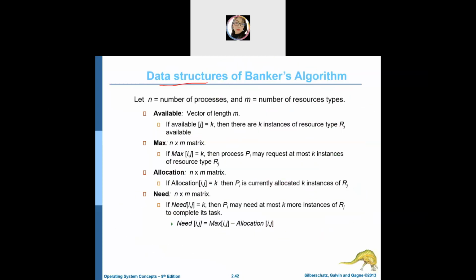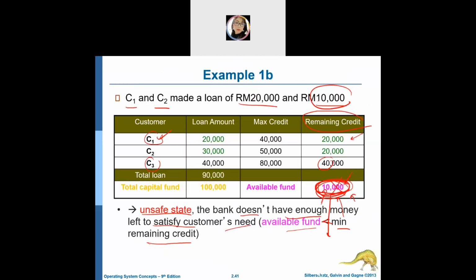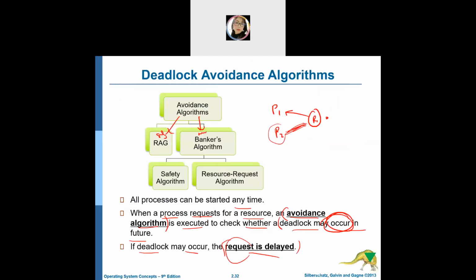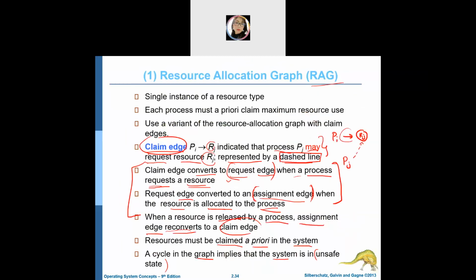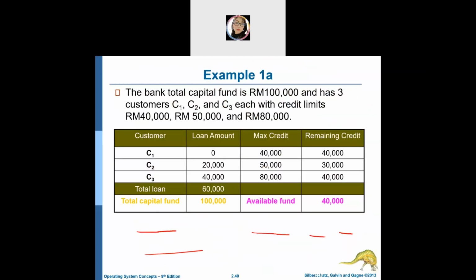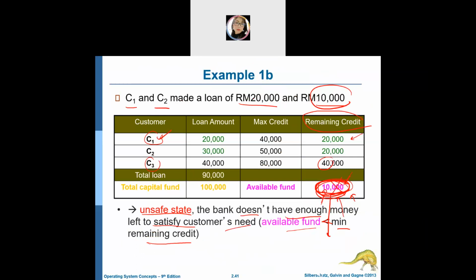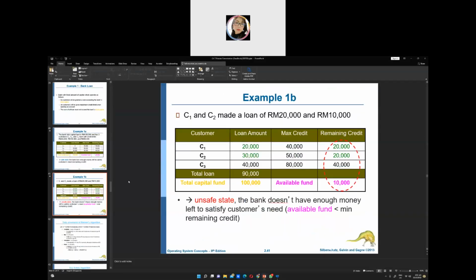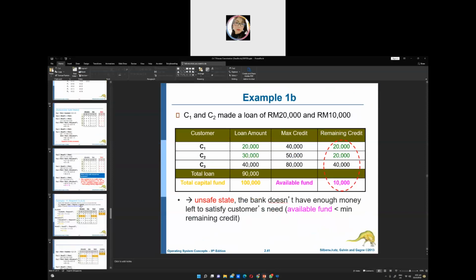Is it okay? Any questions for this banker algorithm and also our, what else? Another one, RAG. I think this one is quite simple. Later on, when you go deeper, Deadlock is not too hard a subtopic.